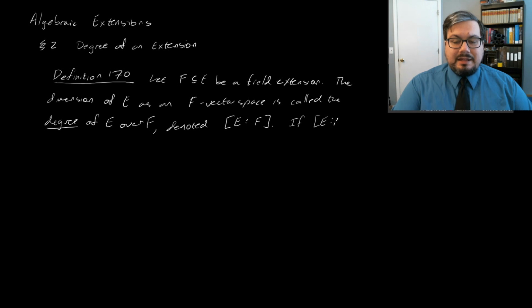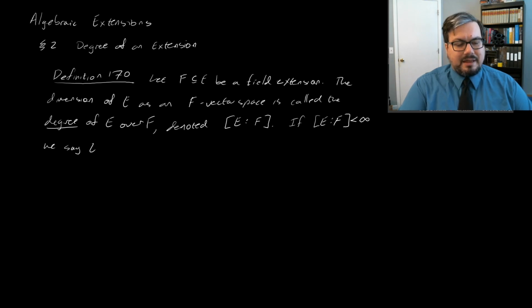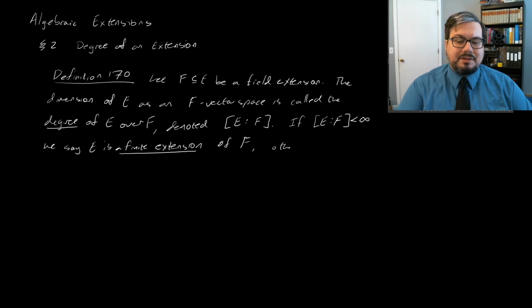Now, if E is a finite dimensional vector space, that is, if the degree of the field extension F to E is finite, then we say that E is a finite extension of F, and otherwise E is said to be an infinite extension of F.